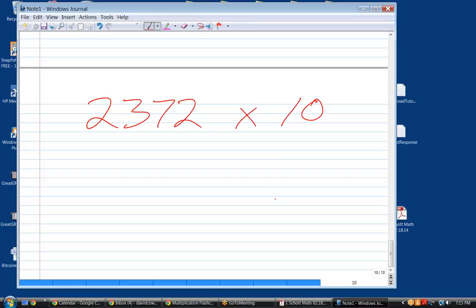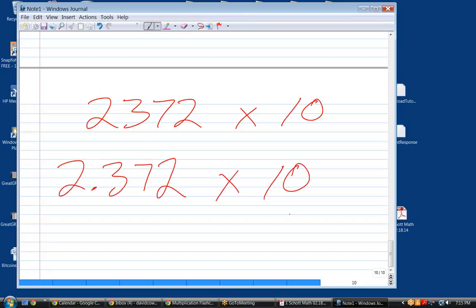Put that in scientific notation. 2.3. X to the... That's not really x, that's times. Yeah, times. Okay, that's 10. Not a variable x, no. 10 to the 3rd?